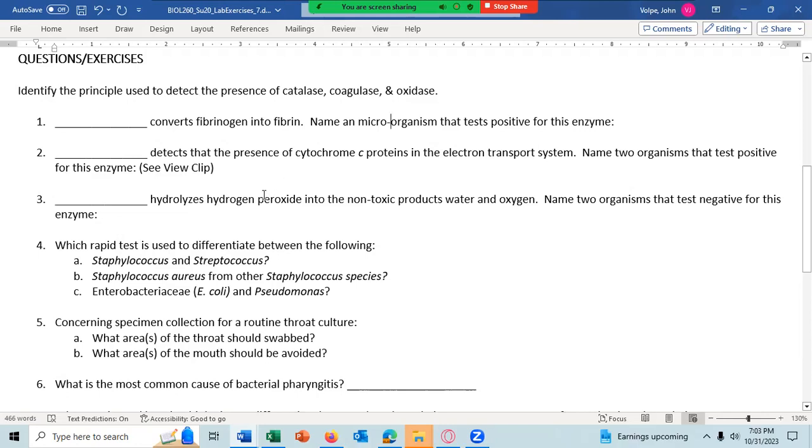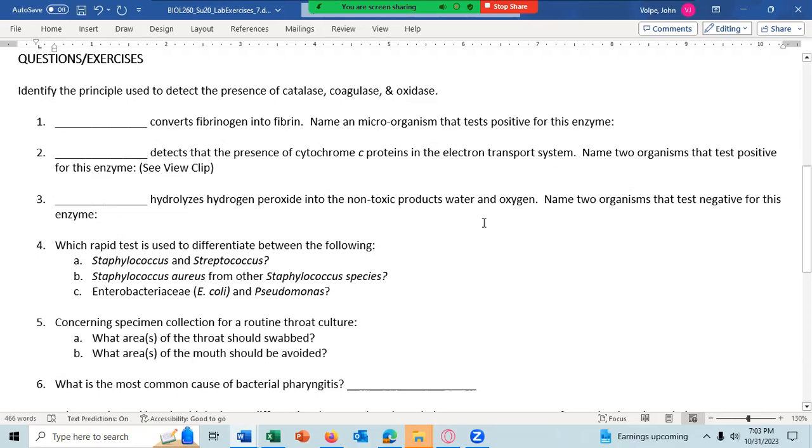2, what enzyme detects the presence of cytochrome C proteins in the electron transport system? Name 2 organisms that test positive for this enzyme. 3, what enzyme hydrolyzes hydrogen peroxide into non-toxic products of water and oxygen?